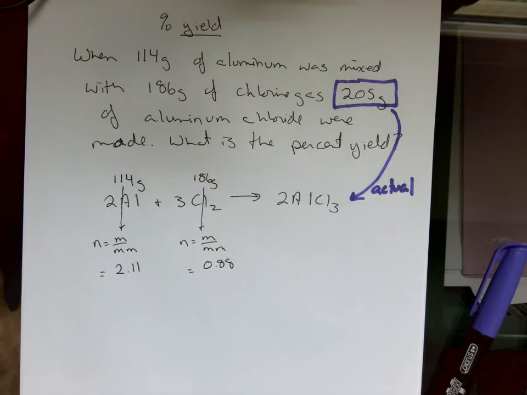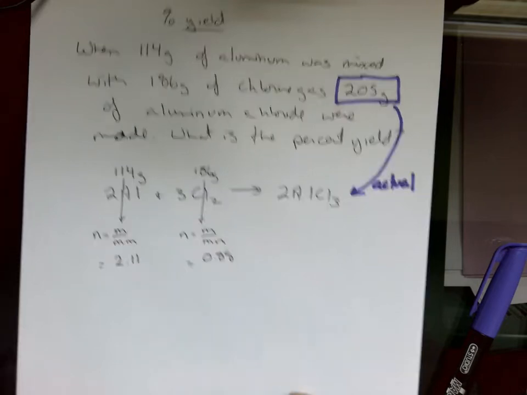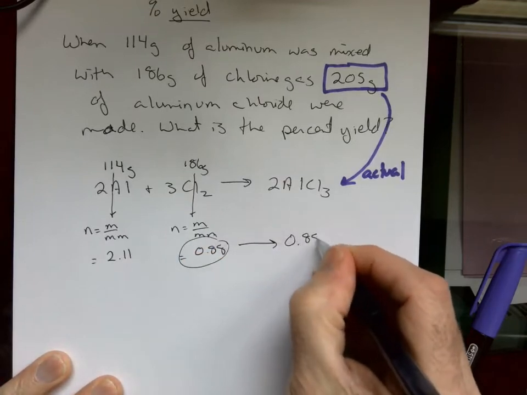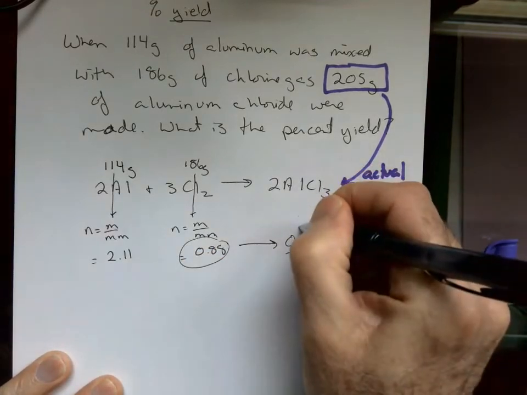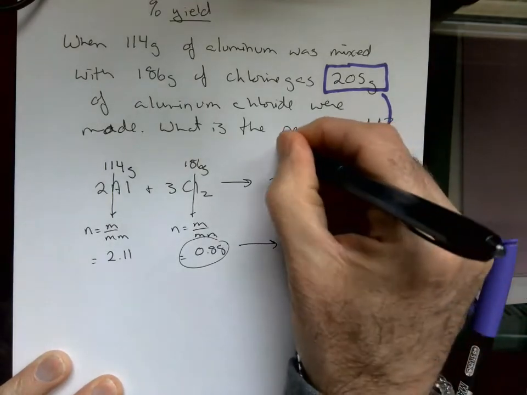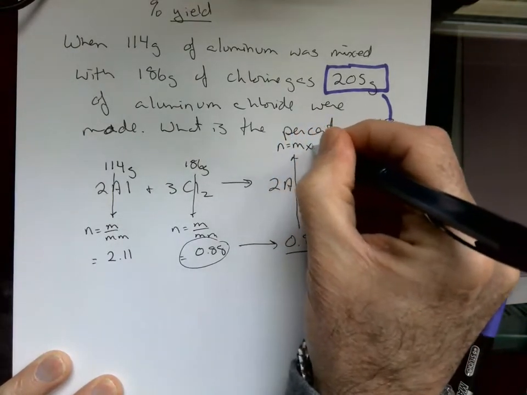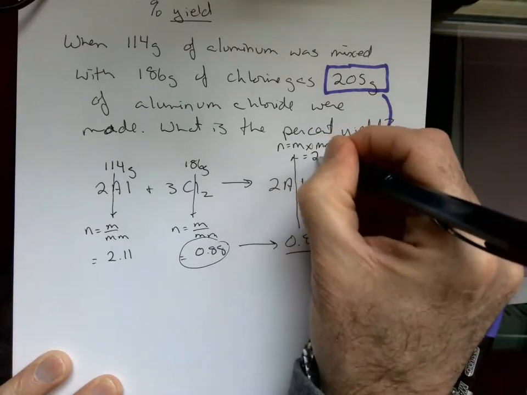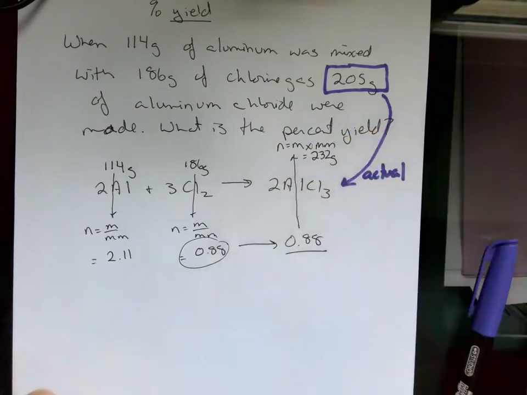Once again, if you're curious as to how I did that, go back to limiting reagents and watch the video. That means that we carry over here and we get 0.88 moles, and then we do moles equals mass times molar mass, and it comes out to approximately 232 grams.